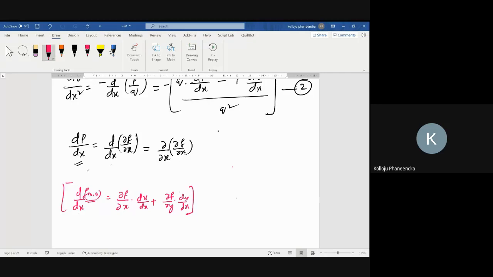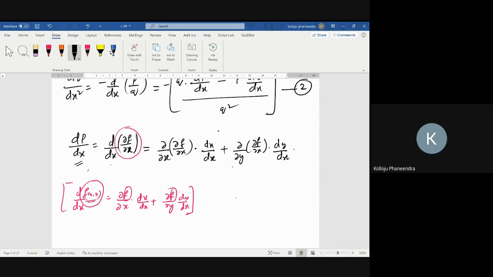This is the logic. Same logic, in place of f, what is the term here? Dou f by dou x. Wherever the f term is there, replace that by dou f by dou x. So I do that: dou by dou x of dou f by dou x into dx by dx, plus dou by dou y of dou f by dou x into dy by dx.